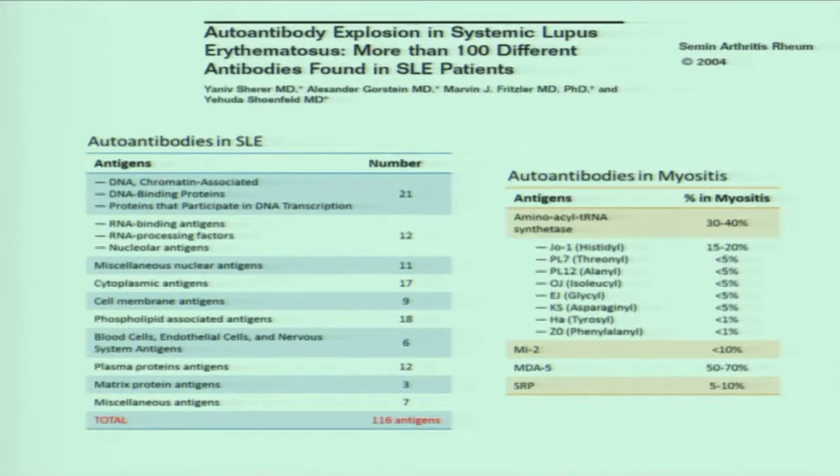It's exquisitely specific. If you have one of these antibodies, you never have the other, even though the antigens are very, very similar. So if somebody could understand that, we would probably understand the diseases. But it's a huge contrast and a fascinating situation between the different diseases, and how specific and mutually exclusive this is as compared to this.